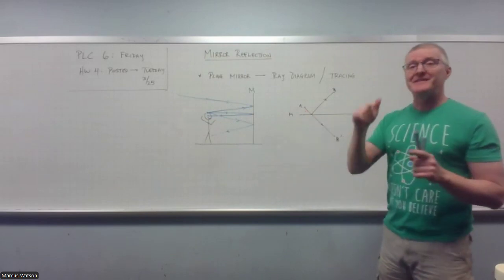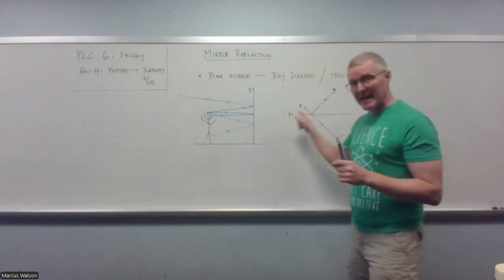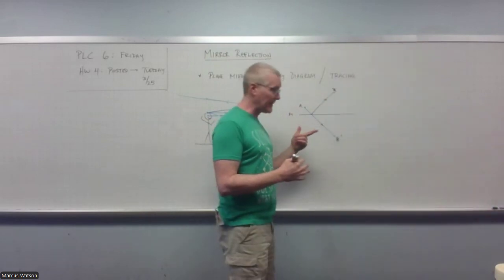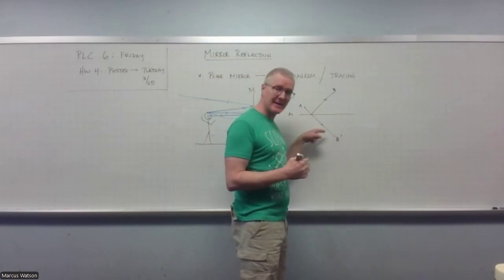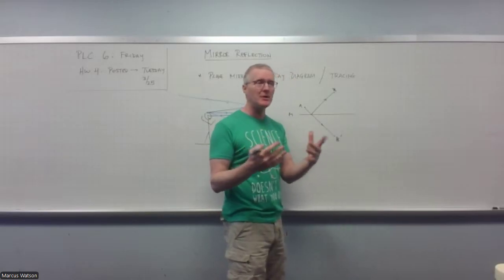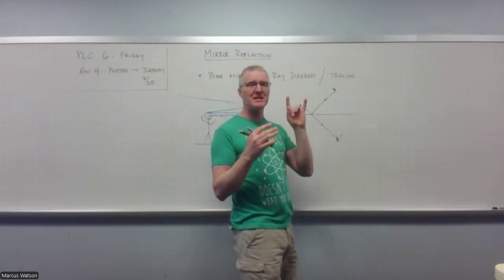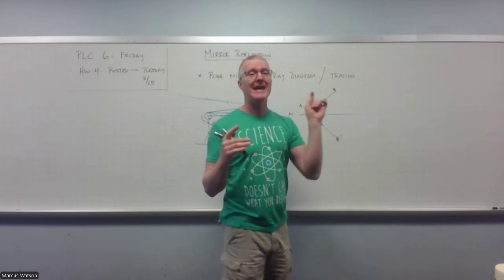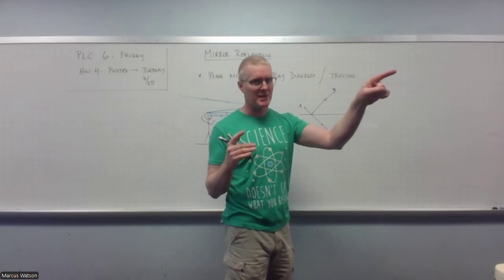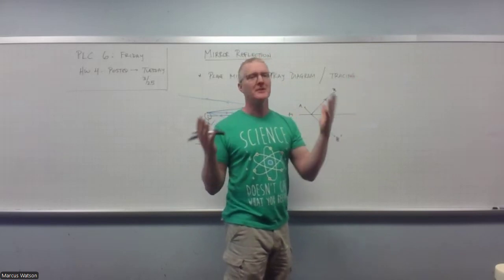However, if it's us who are standing at A looking at the light, where does it look like the light came from? It looks like it came from B prime, inside the mirror. So when you see yourself in a mirror, you see someone which seems to be standing behind the mirror. Is there actually a person that looks like you standing behind the mirror?